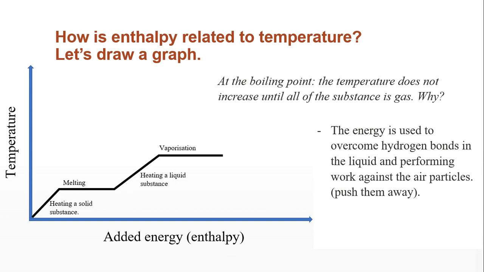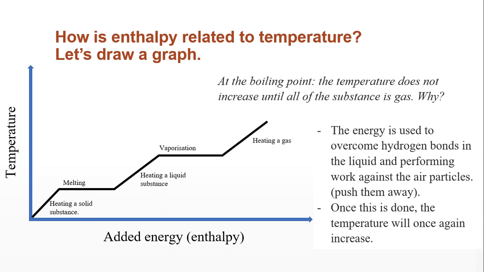They need to push the air particles away. Therefore, the energy will go to other things than increasing the temperature until all of the particles are in the gaseous state.